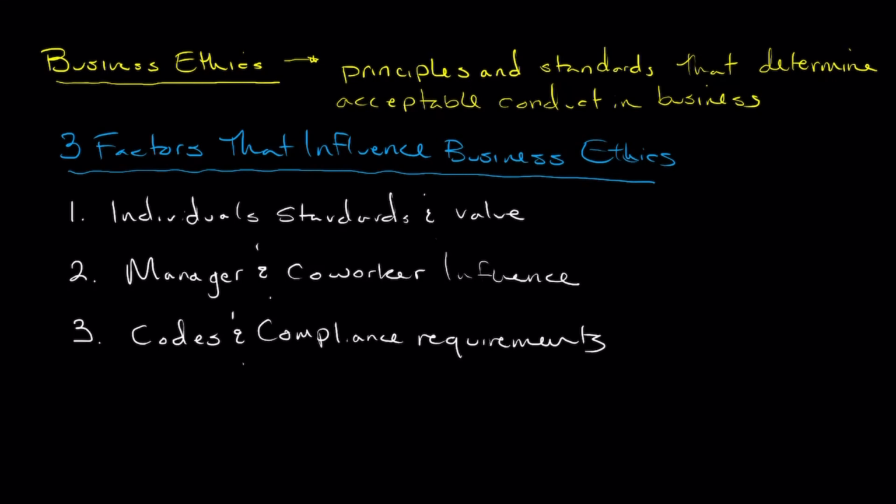Now, when we're thinking about these 3 factors from an organizational perspective, right, I really want to try to influence the people that work for me in a positive way so that they do the right things, right? And I know that, do the right things, sounds a little subjective, right? But of course, by establishing codes of compliance requirements, codes of conduct, by having those sorts of things, even though some of it feels a little bit like window dressing, the idea is that we're going to try to shape the extent to which managers and coworkers can influence other people on the job.